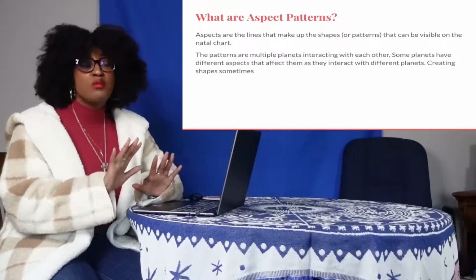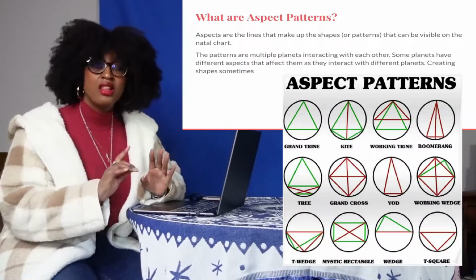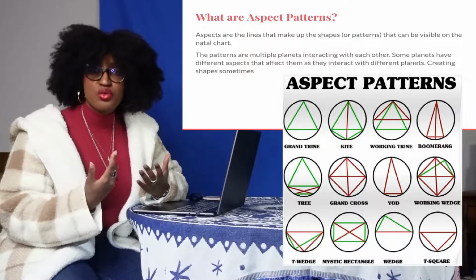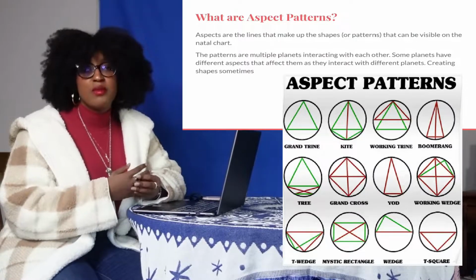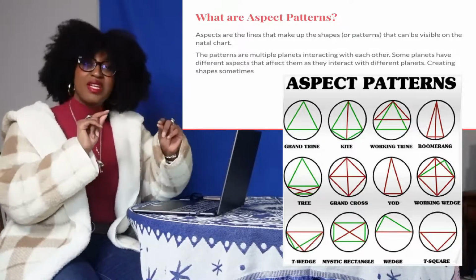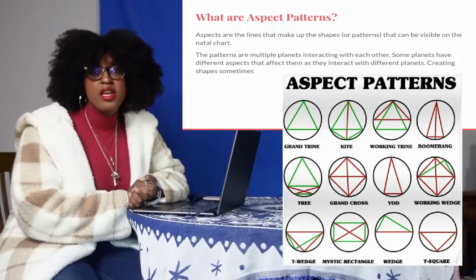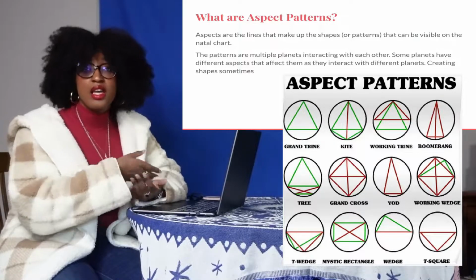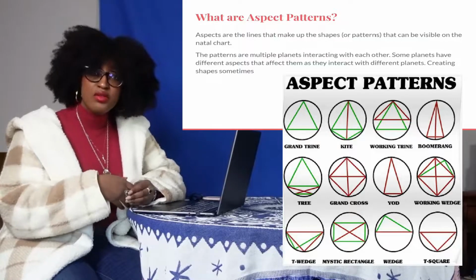There are so many more patterns out there, like a working trine, and some other things like a tree. Yeah, it's a weird name, but it's shaped like a tree. It kind of reminds me of a Christmas tree because it's pointy. But I'm not going to be talking about those two specifically, because the book that I've referred to did not cover those.